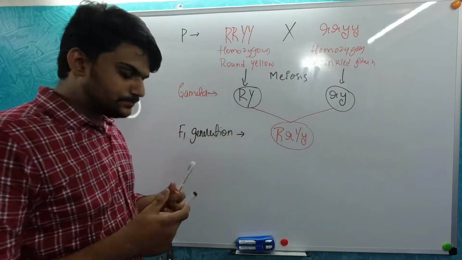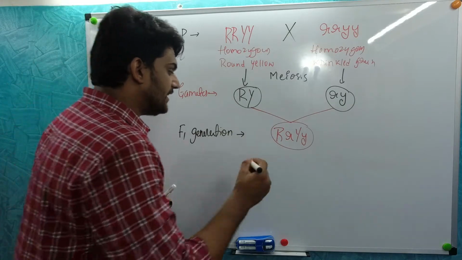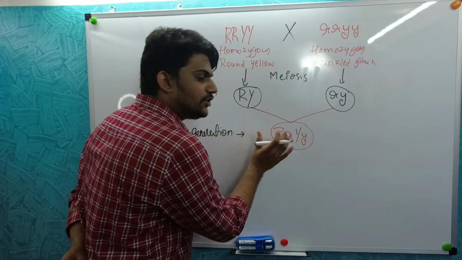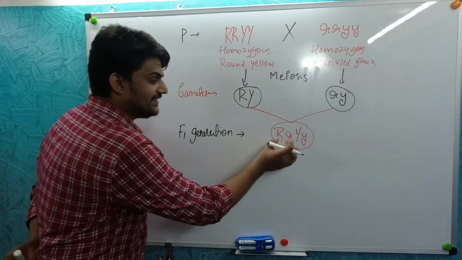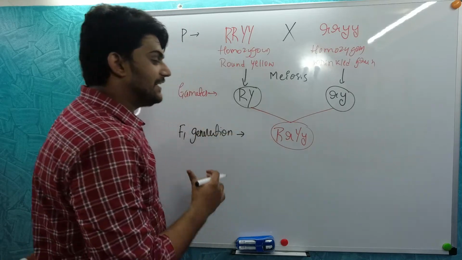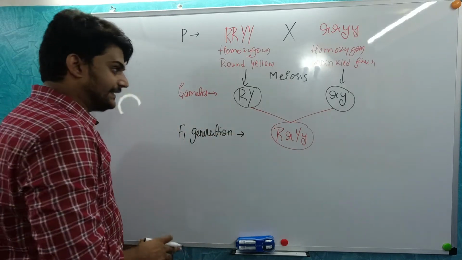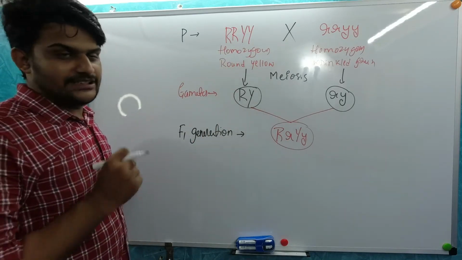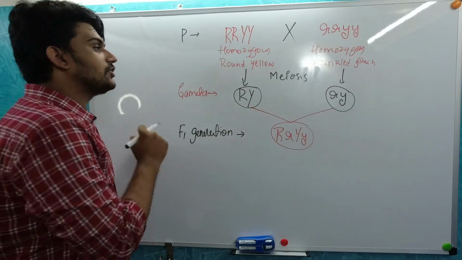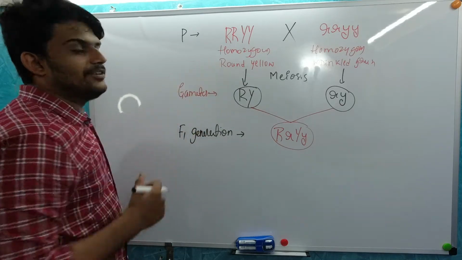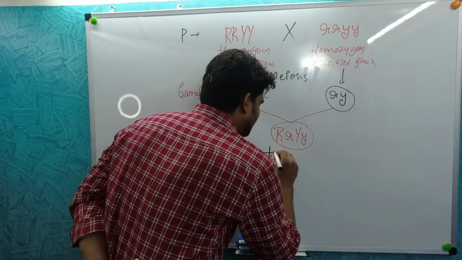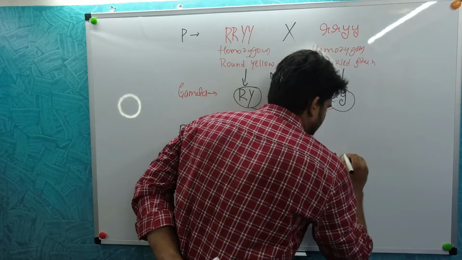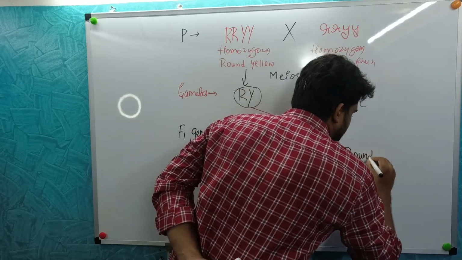Is it homozygous or heterozygous? Both dominant characters have expressed themselves, giving us round yellow again, as in the dominant character. But it is heterozygous because of the combination of two different kinds of alleles. So it is heterozygous round yellow.